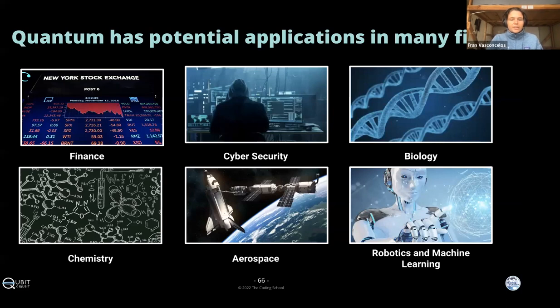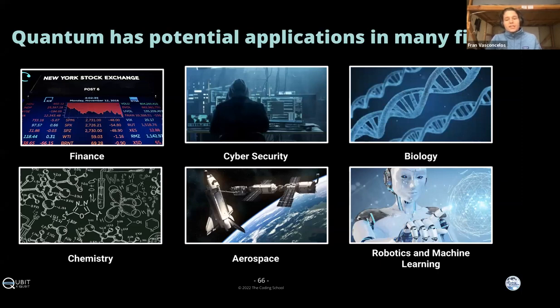Cybersecurity is really at the heart of quantum computing. One of the first big algorithms that came out and made people excited about quantum computing was Shor's algorithm, which basically showed that if you had a big enough quantum computer, you could hack almost any crypto system in use today.